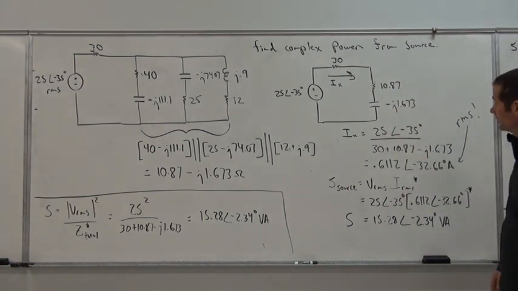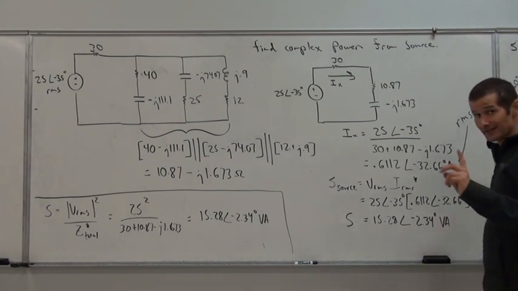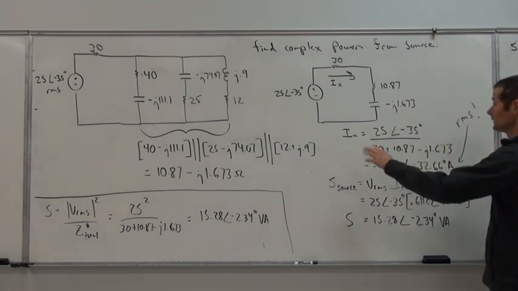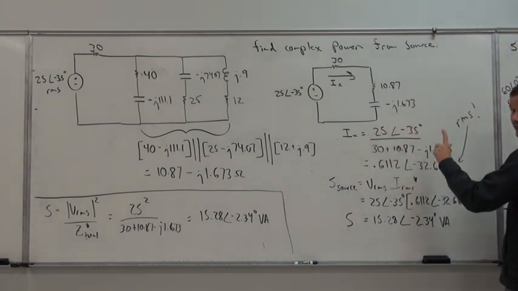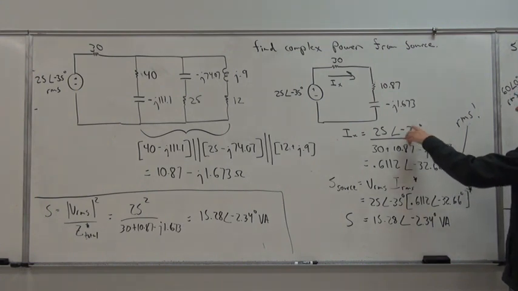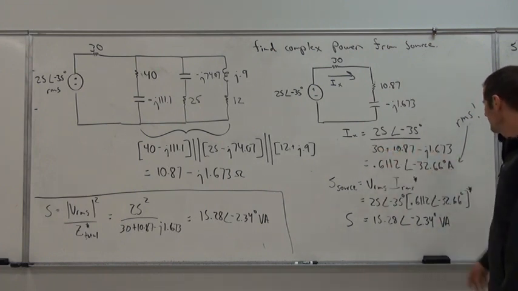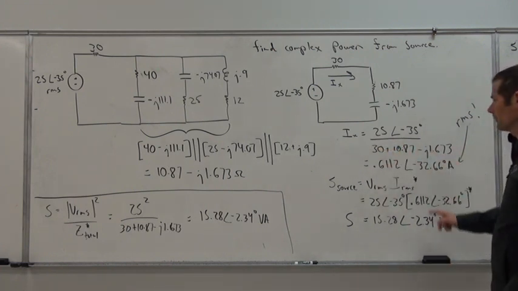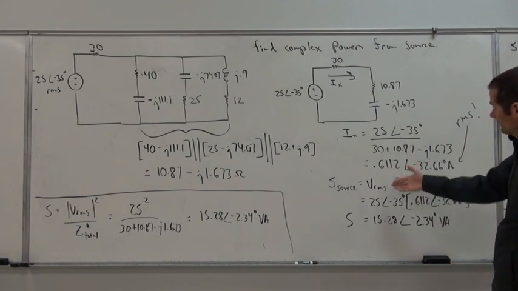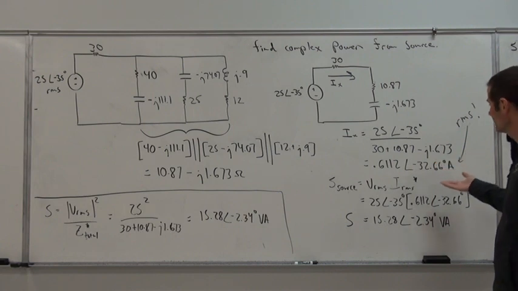So the source current that we get, which obviously is an RMS as well, is equal to 25 at minus 35 degrees, its phase angle, over 30 plus 10.87 minus J 1.673. And that gives us a current value of 0.6112 and an angle of negative 32.66 degrees amps.